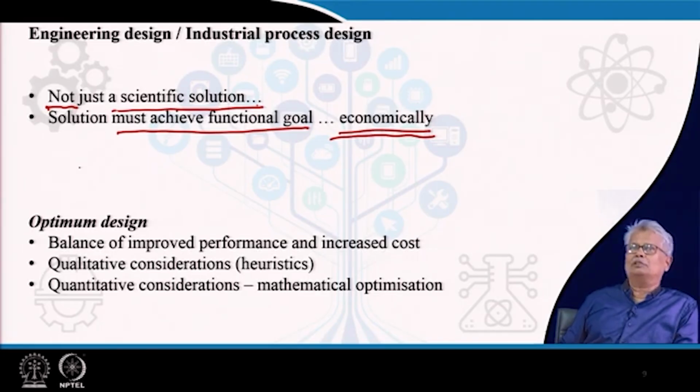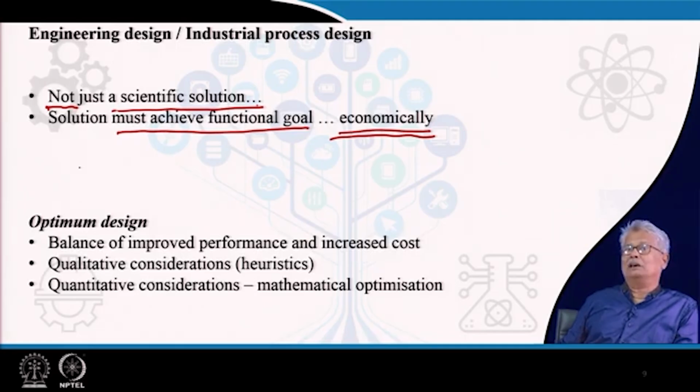Whenever we talk about design, very often we hear the term optimum design. By optimum, normally we mean we gain one way and we lose other way, and there is a balance. So, basically in case of optimum design, what we look for is a balance of improved performance and increased cost.